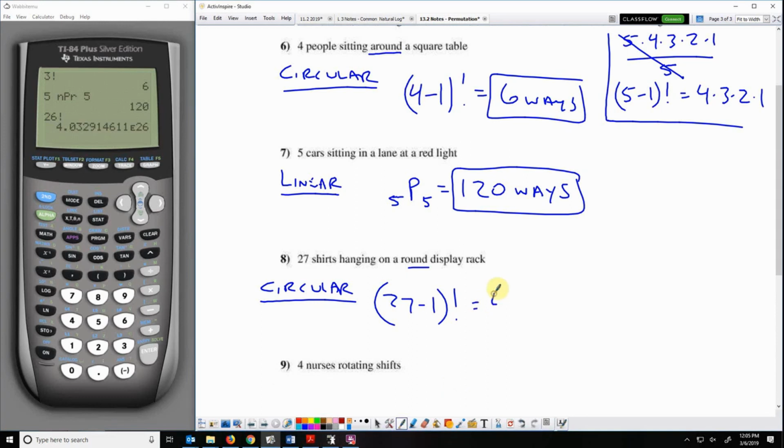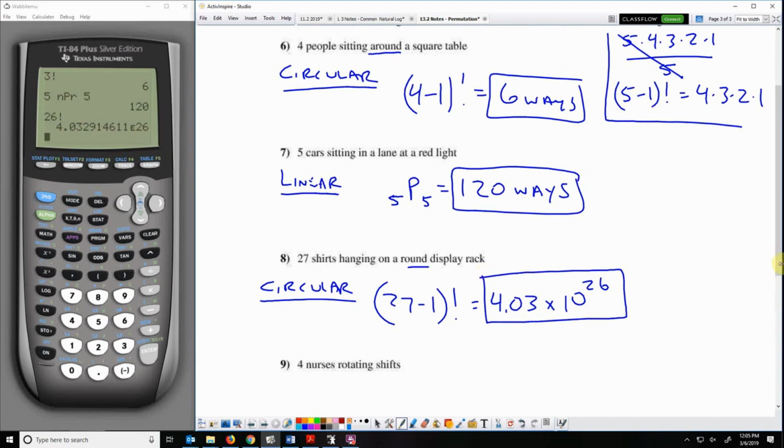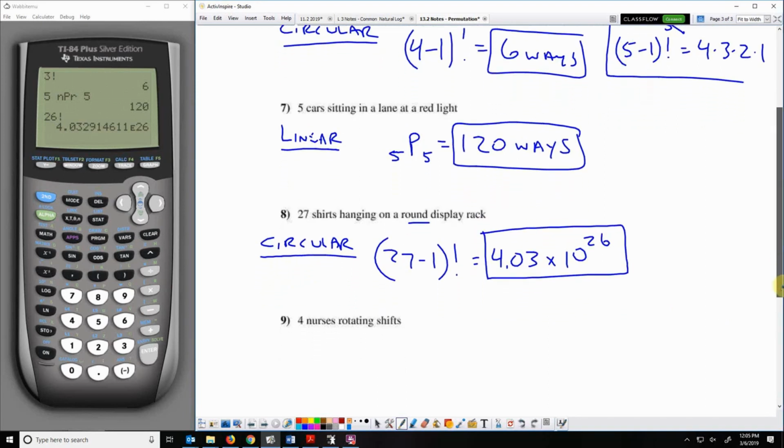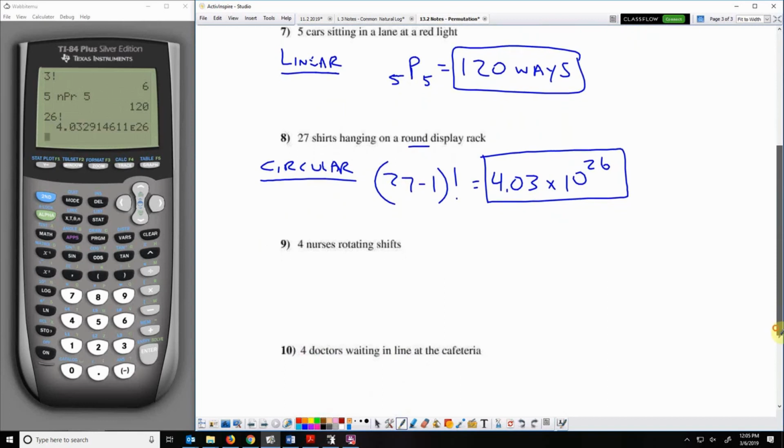So approximately 4.03 times 10 to the 26th power. I've got 9 digits right here. I would have to go a whole lot farther, filling in a lot of zeros. This is a very large number. But that's the number of ways that you can arrange those 27 shirts around a display rack.